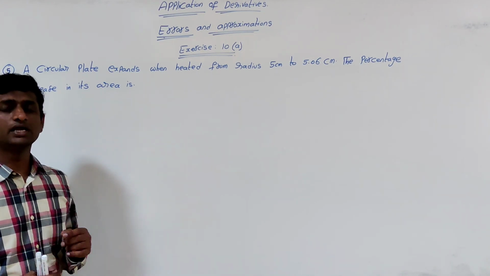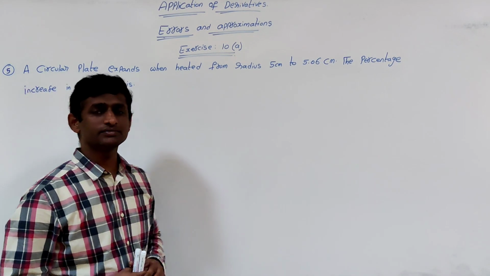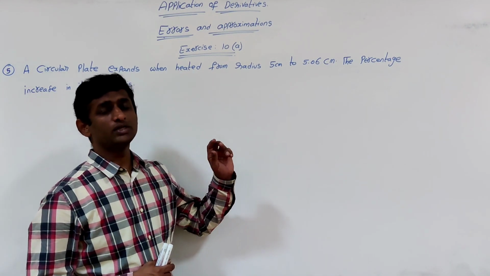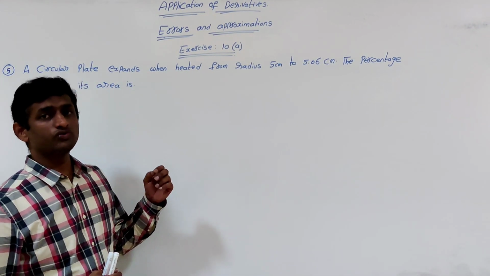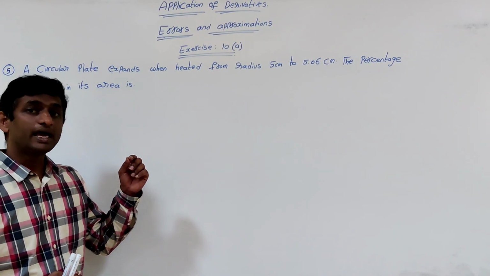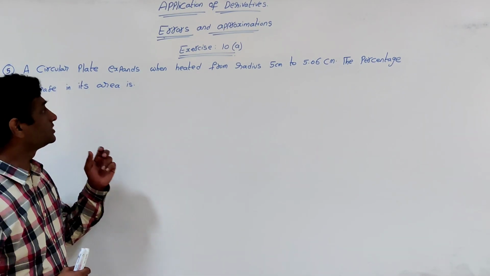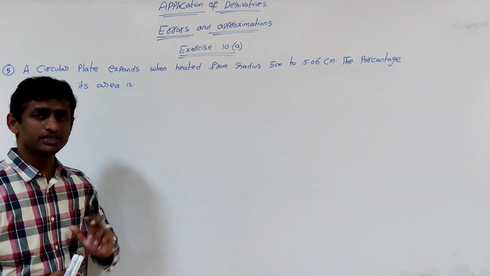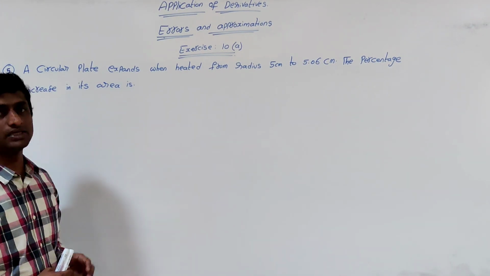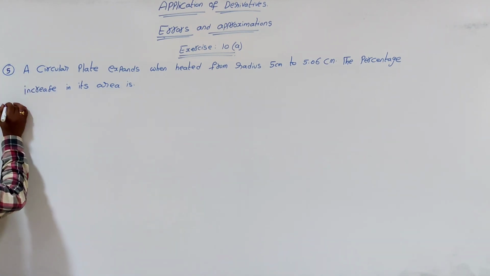So what is given? The radius of a circle is given, and the change in the radius is also given, and it is asking to find out the percentage error in its area. Instead of asking what is the change in its area, it is asking the percentage error. So we'll see the solution.